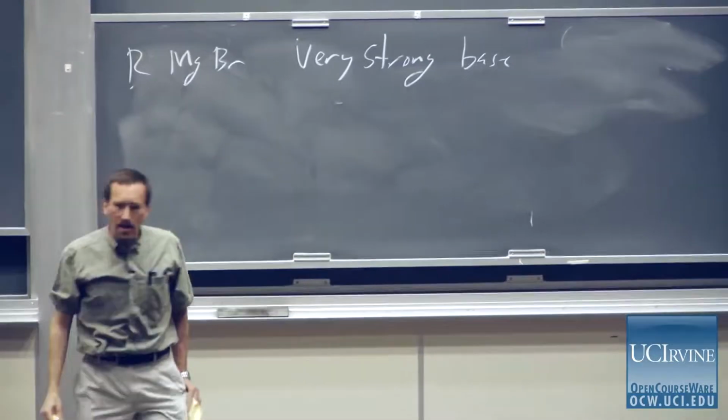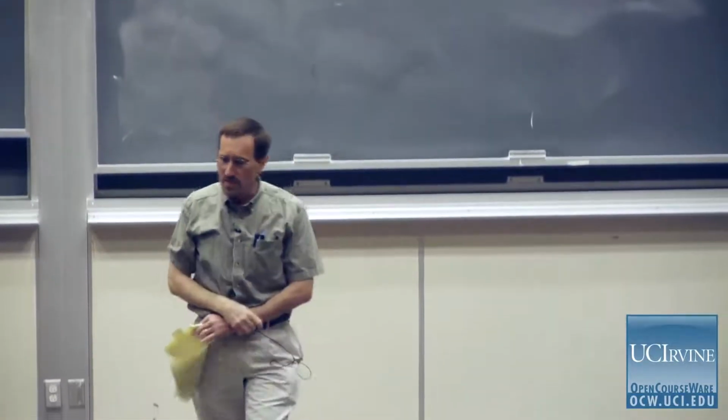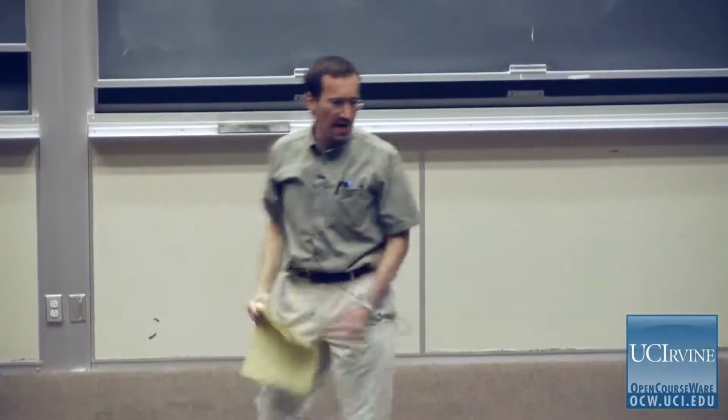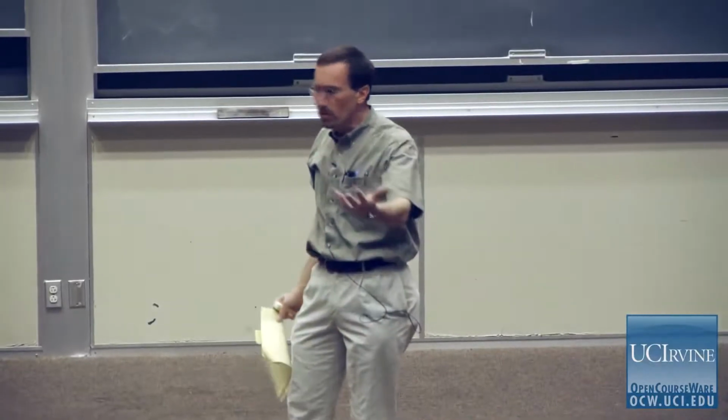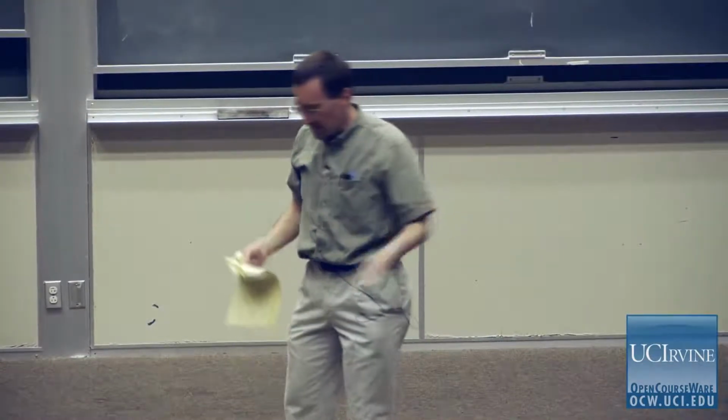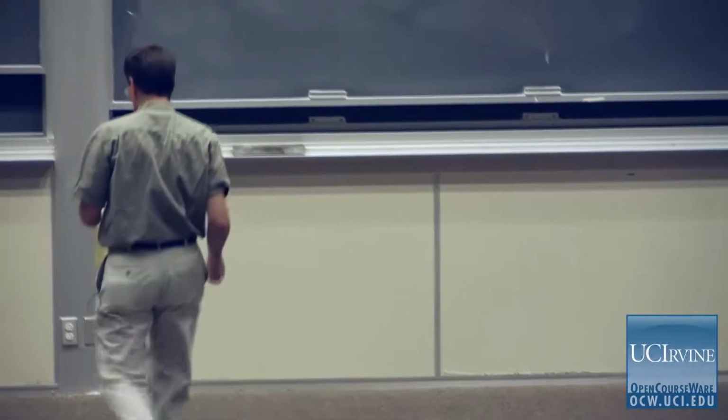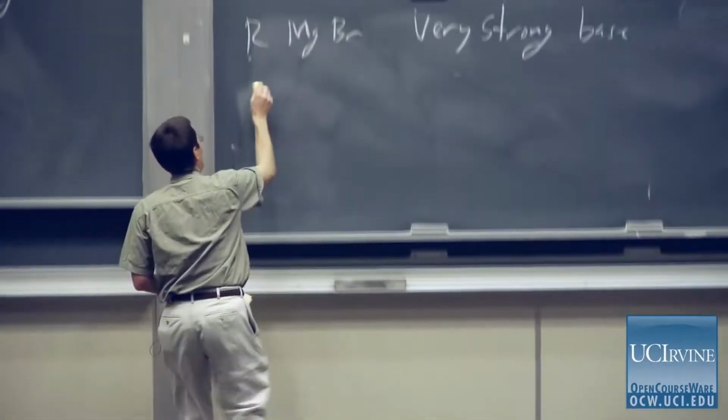We can think about basicity in terms of the pKa of the conjugate acid. So if you have butyl magnesium bromide, the conjugate acid corresponds to an alkane.